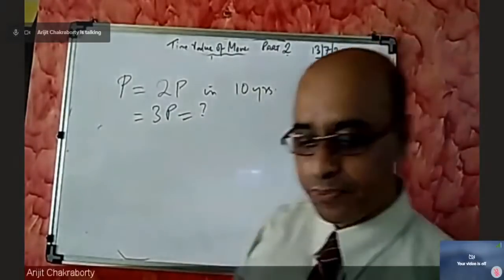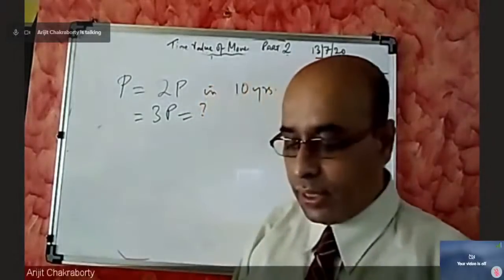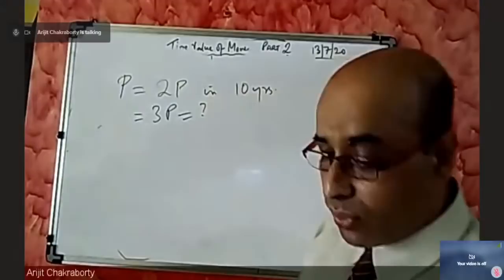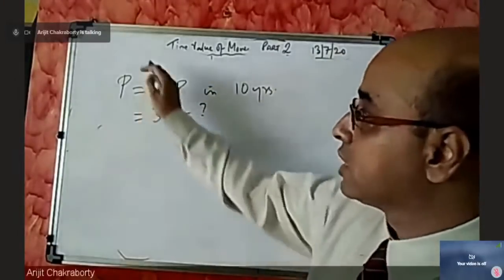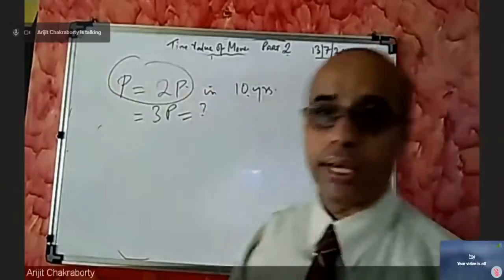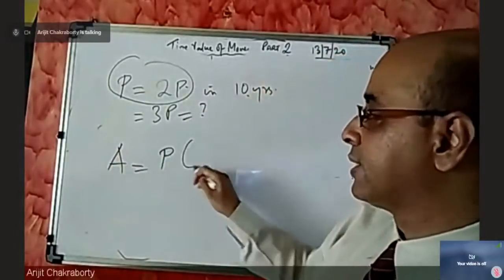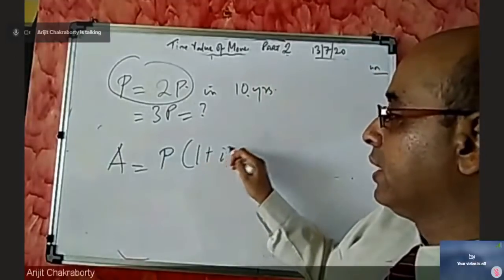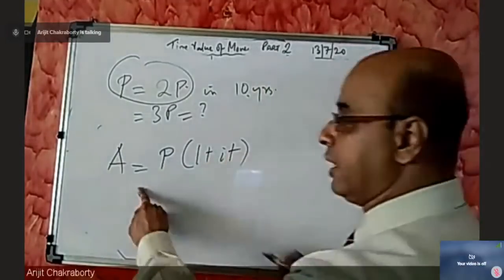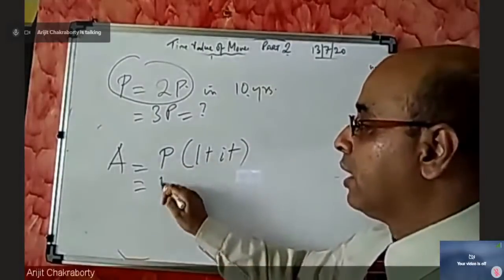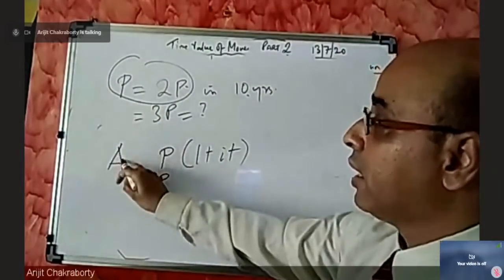We don't know. Okay. So here, we know this relation: in 10 years it becomes twice. So I know that amount is equal to principal into 1 plus I into T. Where principal I'm writing P, but here amount is 2P.